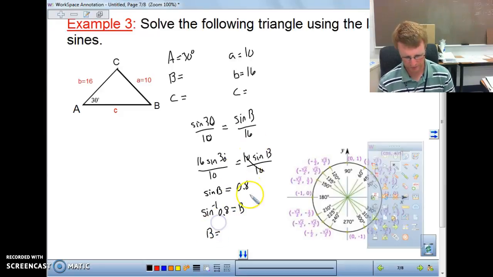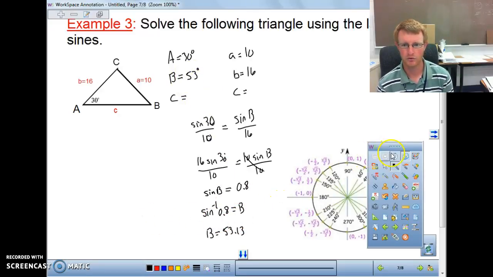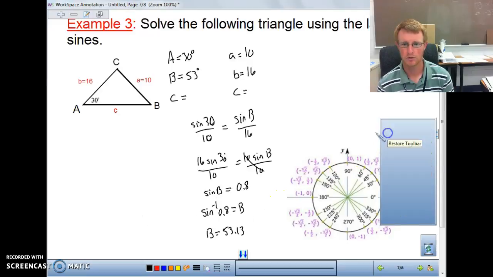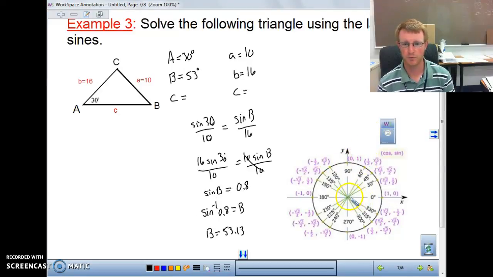And we get B is equal to 53.13. And we're just going to round that to 53 degrees. But again, now we have to remember that in our quadrants here, we can get a sine angle in this quadrant, and we can get a sine angle in this quadrant. So we know that this one is 53.13 degrees, or in our case 53 degrees.